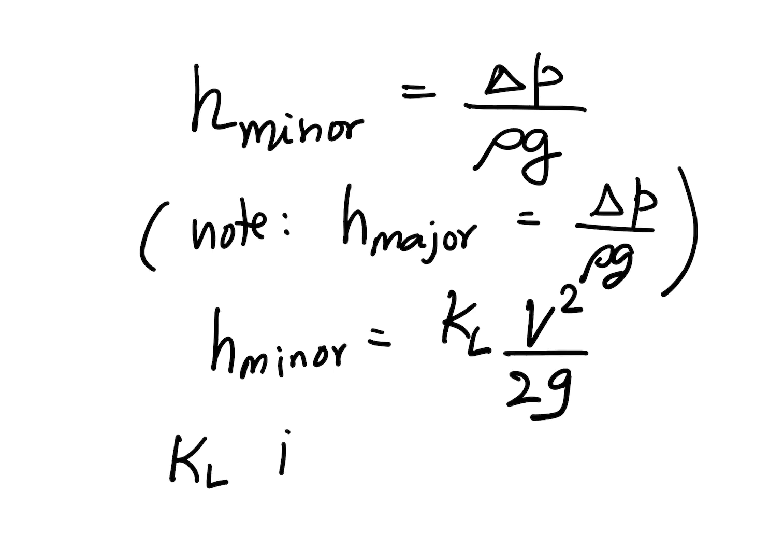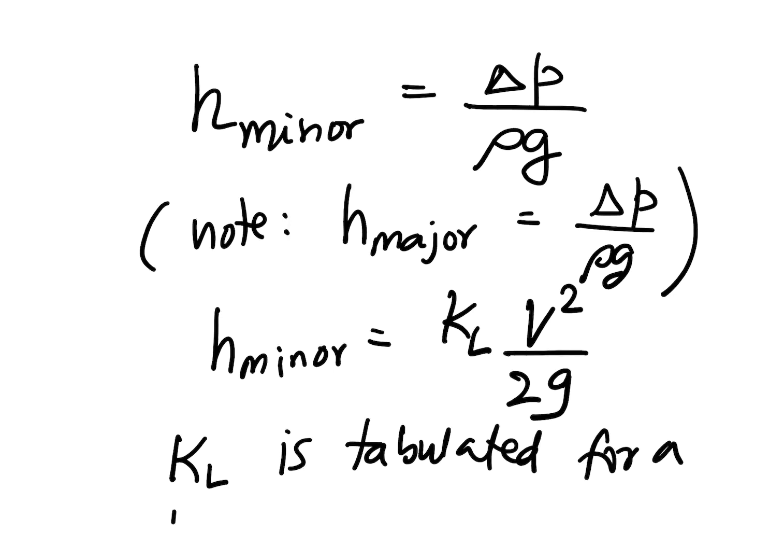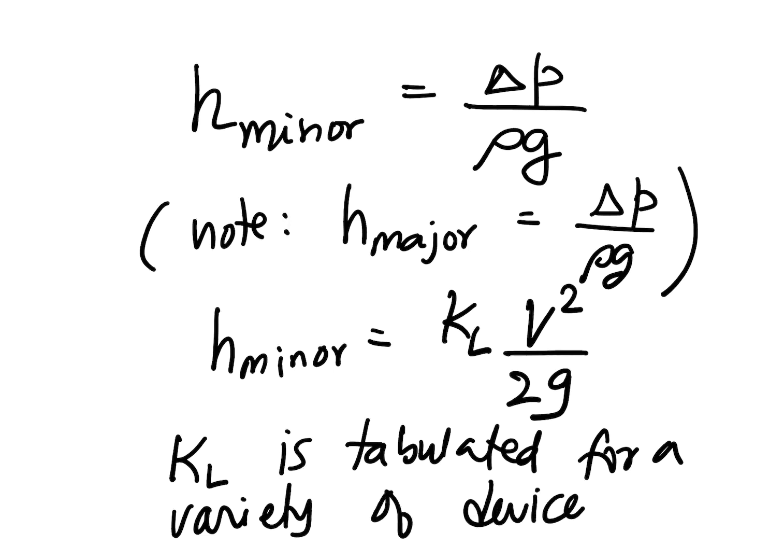KL is tabulated for a variety of conditions. That's a very big statement. It is tabulated for a variety of devices. You need to know what the common devices are that you would encounter in your flow system.